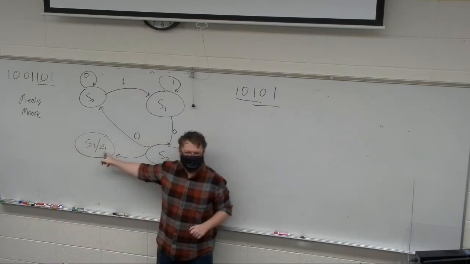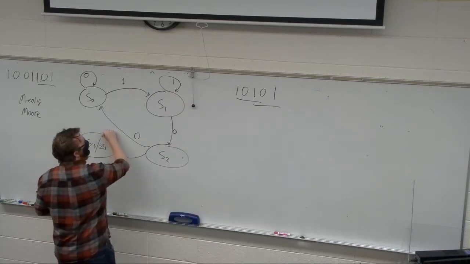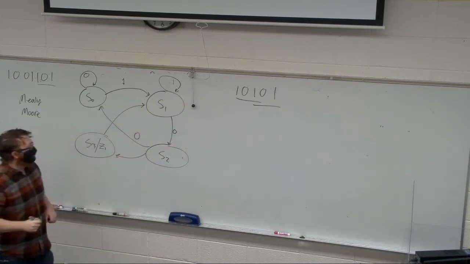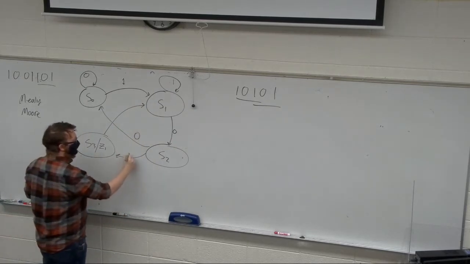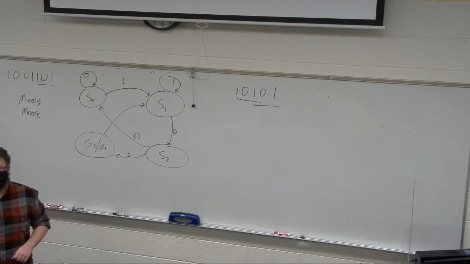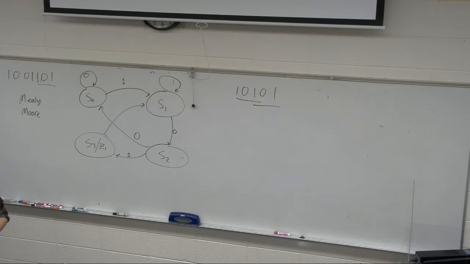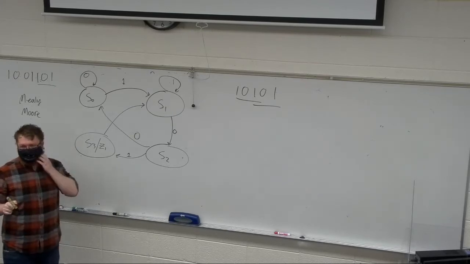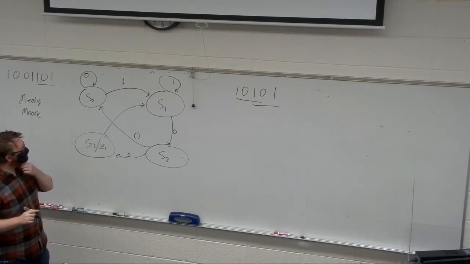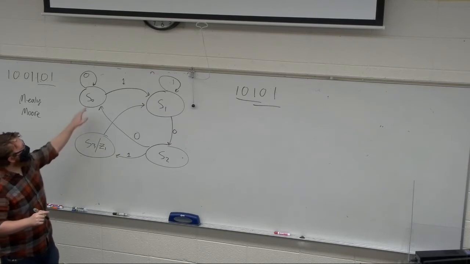Now I have a state specifically to output that Z output that I've detected. And then I can go back to state one. Now, we have a little bit of an issue here. I'm clocking in data, so let's follow along.